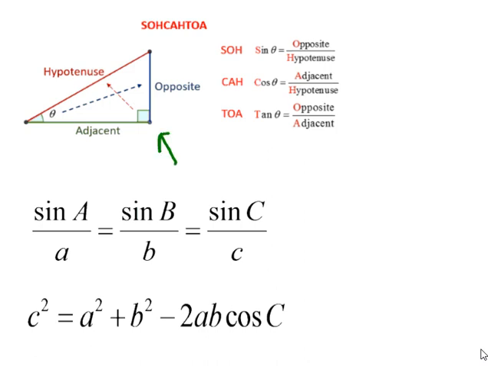So the first thing you're going to look for when you're looking at your triangle is, is there that little box in the corner? In other words, we're going to use SOHCAHTOA anytime we have a right triangle. And you can use law of sines and law of cosines in right triangles. You won't get the wrong answer, but I think it's simpler to just use plain old right triangle trig, where the sine is the opposite over the hypotenuse, the cosine is the adjacent over the hypotenuse, and the tangent is the opposite over adjacent.